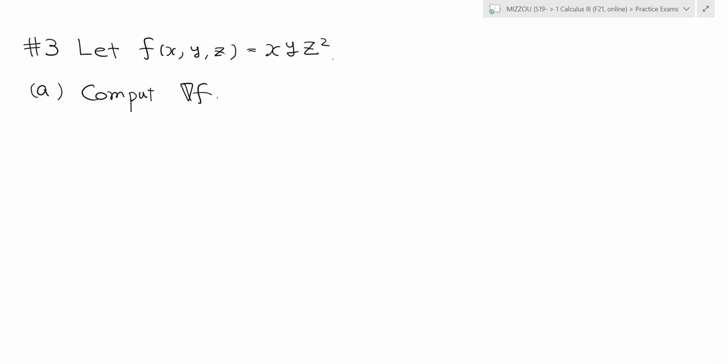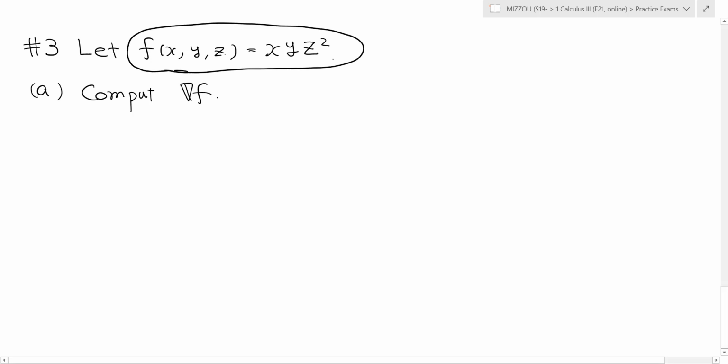All right. Number 3, let f of x, y, z be this. So it's a function of 3 variables. Now, part A, compute the gradient of f. So here's the answer.